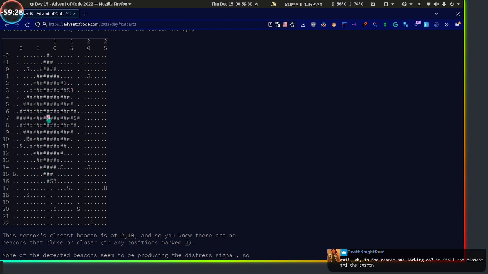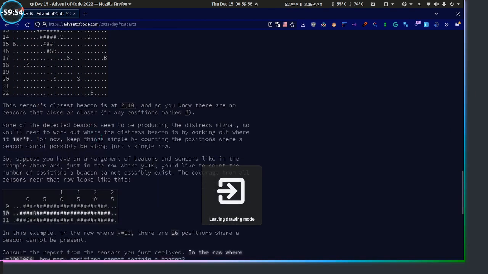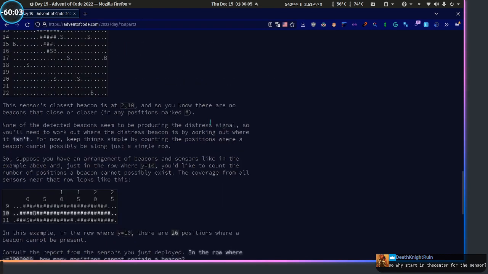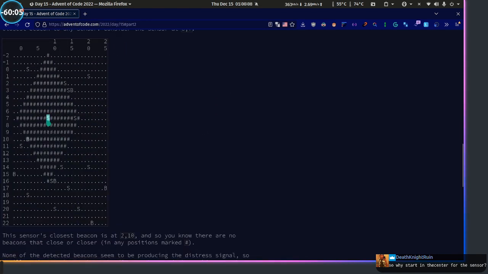Yeah, so this is the sensor, and it's locked onto the closest beacon. I mean, technically, these are also locking onto their closest beacons. So under this one, this one, this one, and there are more beacons. We just literally can't see them. Well, I'm starting with the sensor because I know that a beacon has to be on one of these positions.